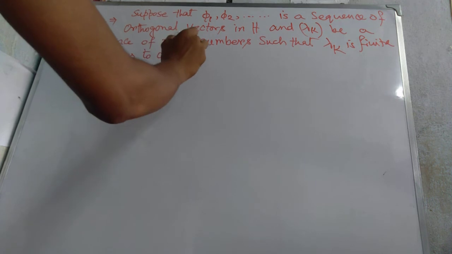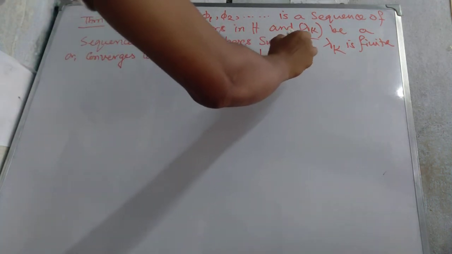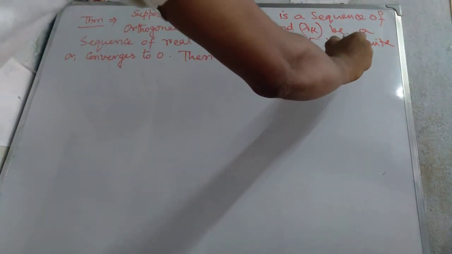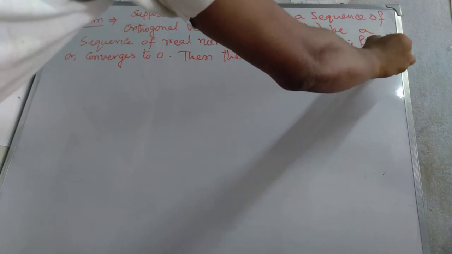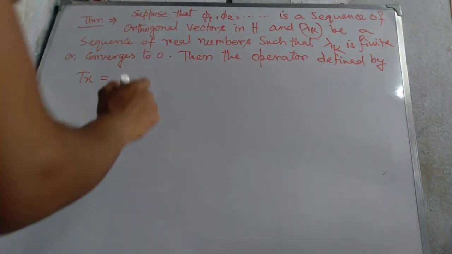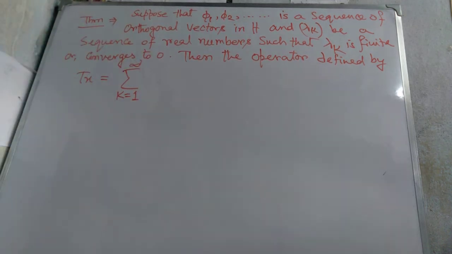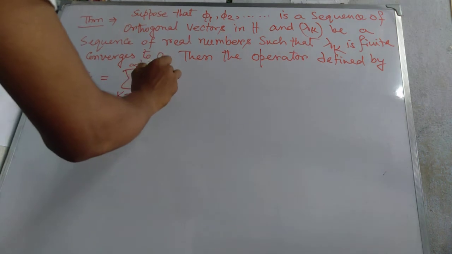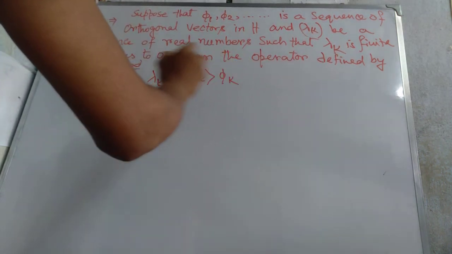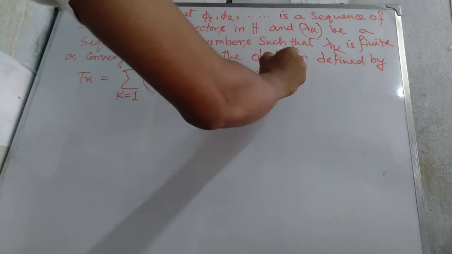Then the operator defined by Tx equal to summation k equal to 1 to infinity lambda k inner product of x with phi k, times phi k, is compact and self-adjoint.